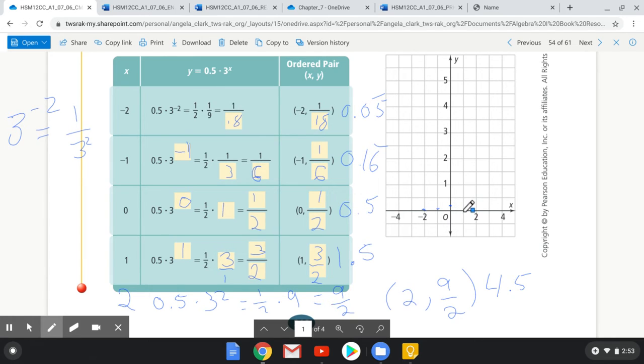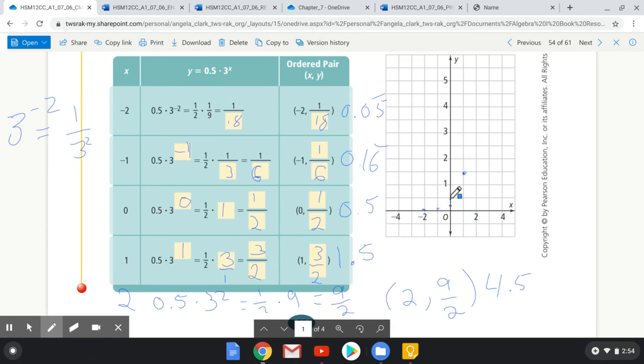When x is 1, right? We're at 1.5. So at x is 1, we're going to go up to 1.5. Oh, I didn't realize the scaling. So 1/2 is actually here.